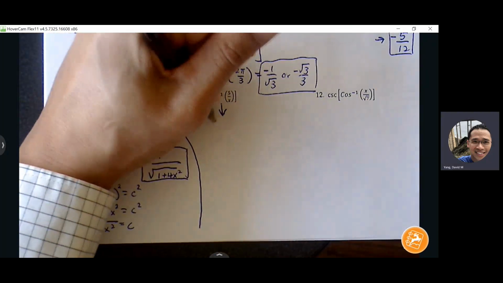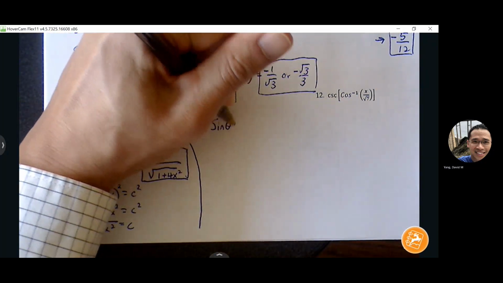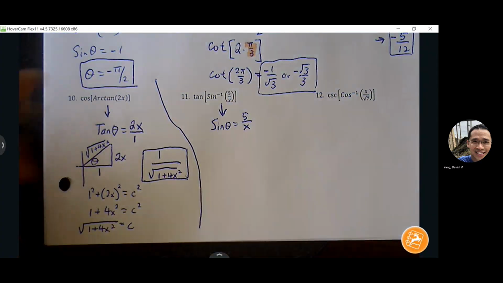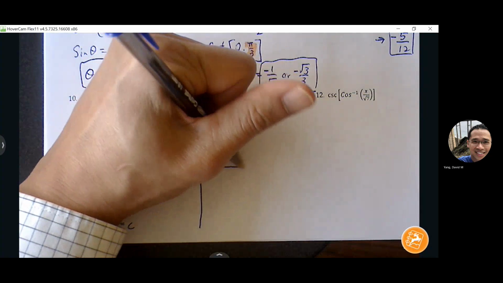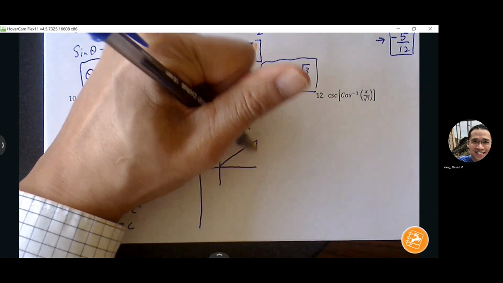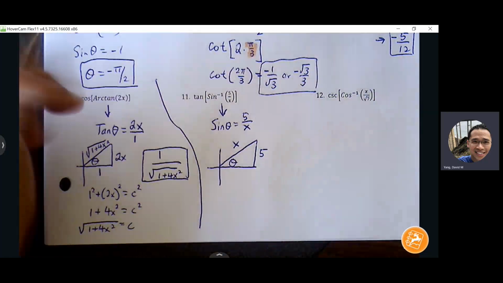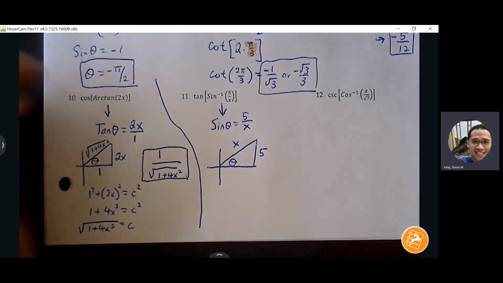Okay, work from the inside out. Opposite over hypotenuse. Pythagorean theorem, a squared plus b squared equals c squared.